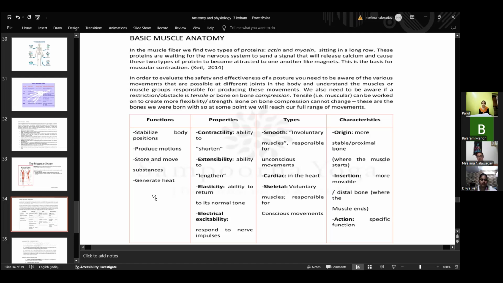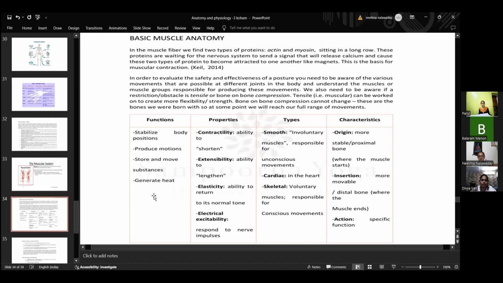After that procedure is over, it returns to normal tone. Electrical excitability, respond to nerve impulses. Just now we saw that when the brain gives a command, then this whole procedure starts. And how does it start? Because muscles have that electrical excitability.